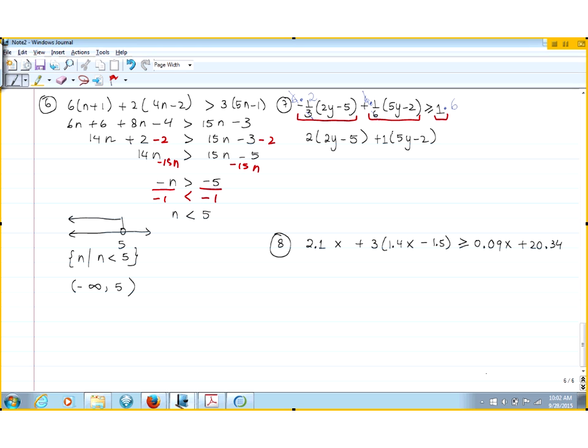You can write the 1 here, or you don't have to. Is greater than or equal to 6. All right. Okay, so what do we have now? 4y minus 10 plus 5y minus 2 is greater than or equal to 6. And then what?